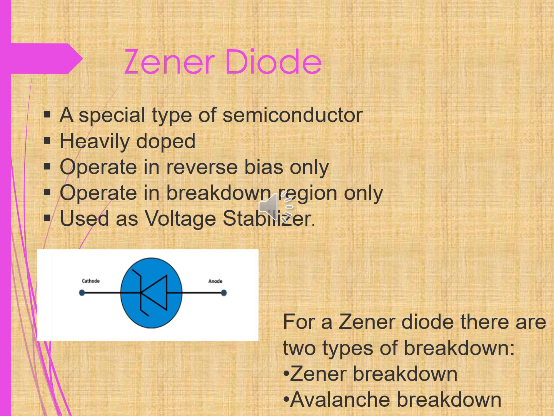The crystal is so doped that the characteristic beyond the breakdown is vertical. This means even though there is a large variation of current, the voltage remains constant. So it is used as a voltage stabilizer. So these are the characteristics of the Zener diode.